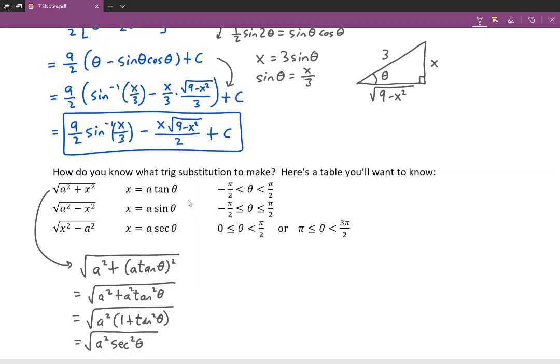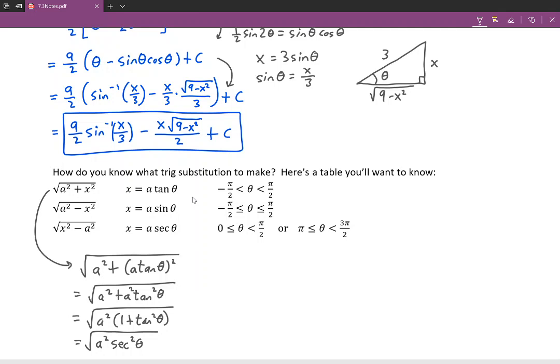And lastly, one question that some people ask is, couldn't you use, for example, cosine theta instead of sine theta here? Wouldn't the collapsing work exactly the same way? And the answer is yes. You could use a cosine theta if you wanted to, instead of a sine theta, and it would work exactly the same way. At the end, your answer might look a little bit different, but ultimately it'll be the same answer.